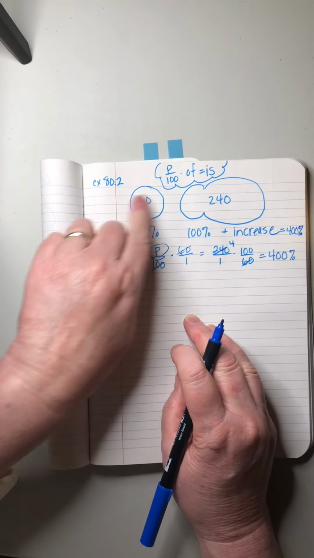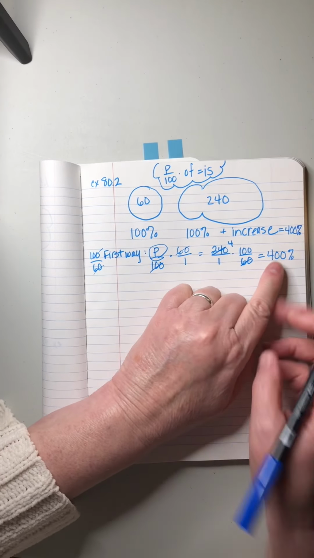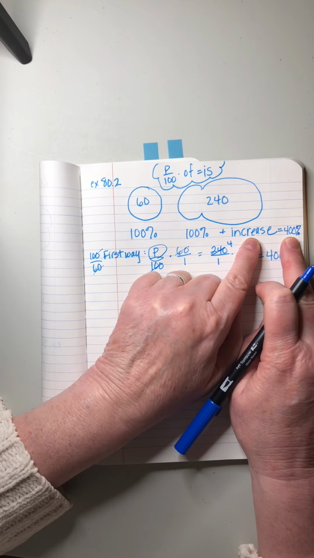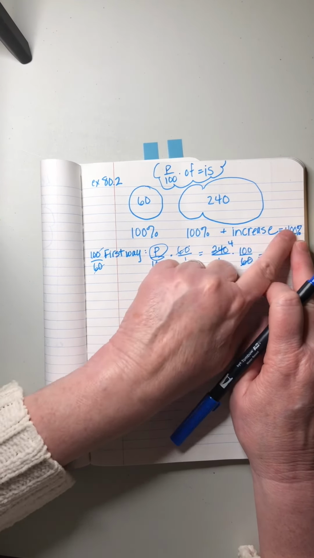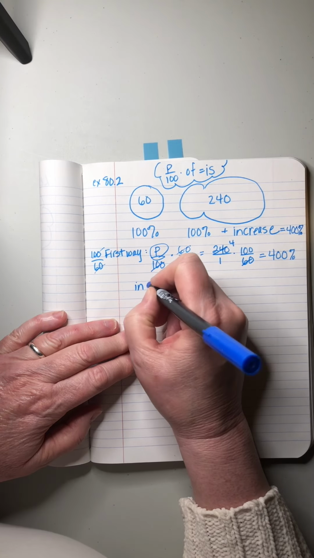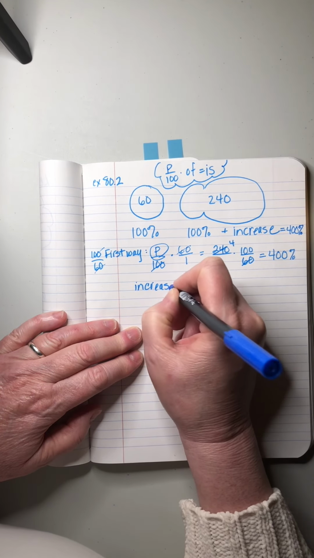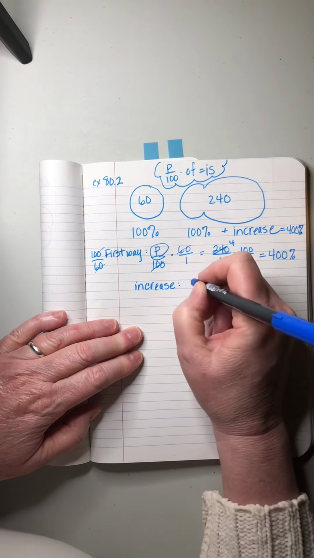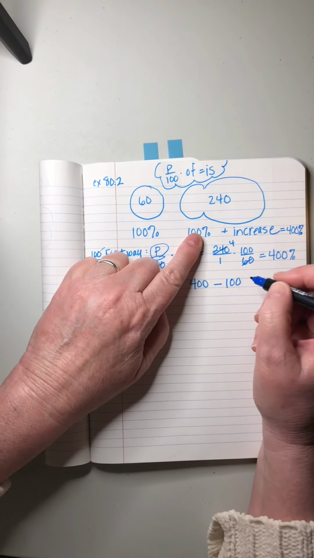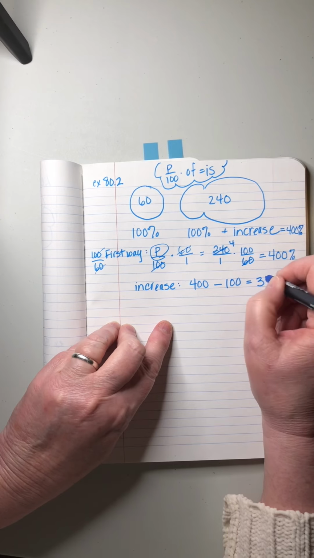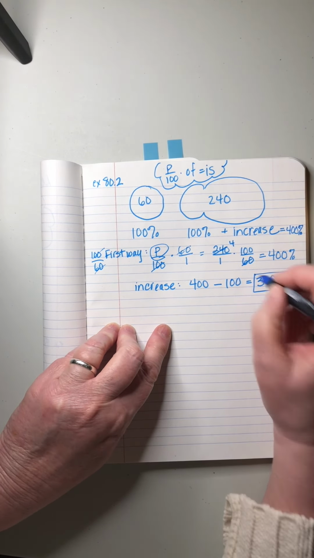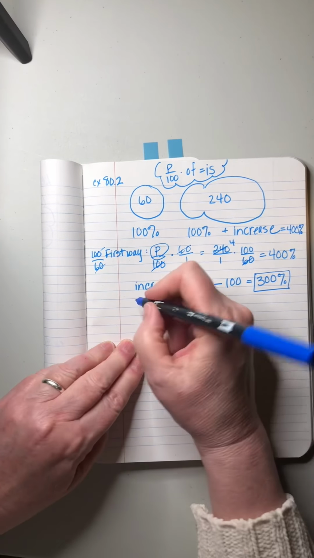right? We went from 60 to 240. That represents a total of 400%. That's not the increase. That's the actual total. So the increase is the 400% minus the 100% that we started with, or 300% is the increase, okay?